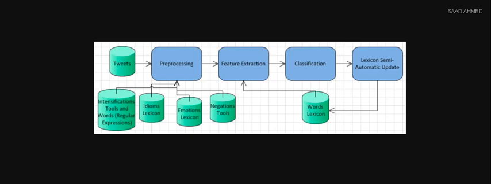So a big lexicon is very useful, and you can assign weights also. On this side, pre-processing can be done using regular expressions, and you can also use emoticons, negation tools, and an idiom lexicon to identify different words and weight them accordingly.